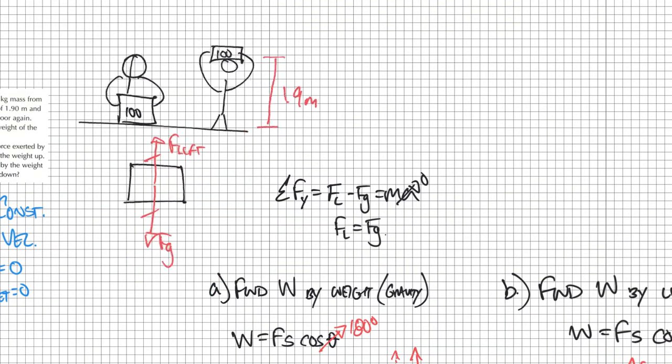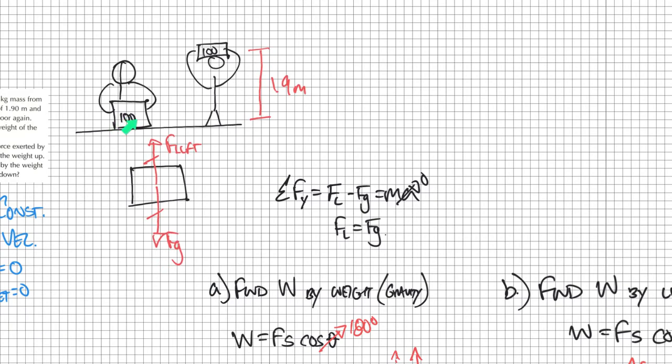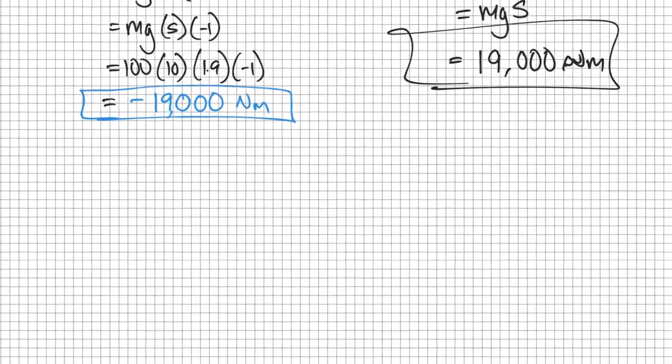We know that on the way up, from here to here, the weight has negative 19,000 Newton meters. And on the way back down, guess what? The force of gravity is going to stay constant. The displacement is going to be just in the negative opposite direction. And so my work done should be a positive 19,000, and so really it should be a total work done of 0.